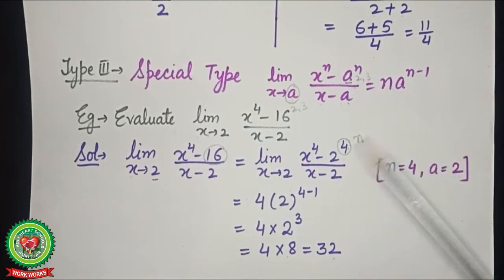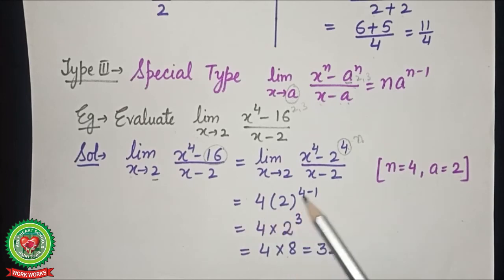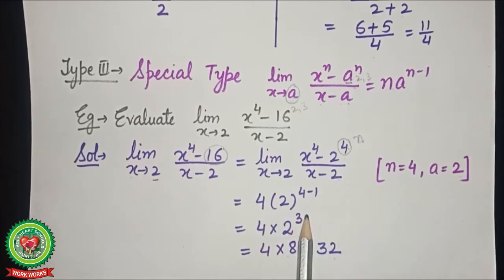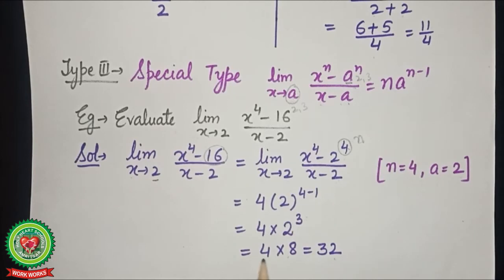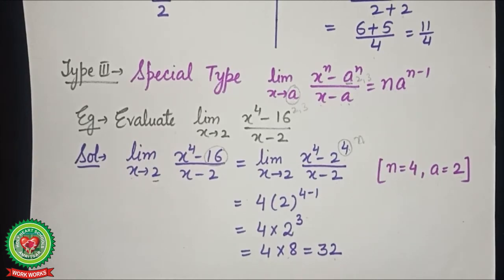By using the result, we get n into a raised to power n minus 1, that is 4 into 2 raised to power 4 minus 1. So on simplifying, it is 4 into 2 raised to power 3, and 2 cubed is 8, so 4 into 8 is 32. In this way, we can solve the sums by applying the special type.